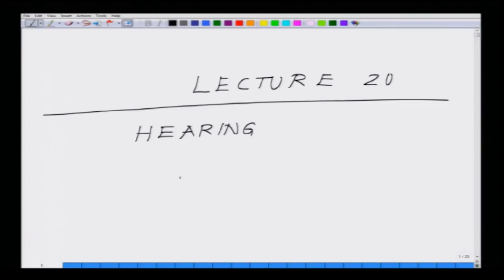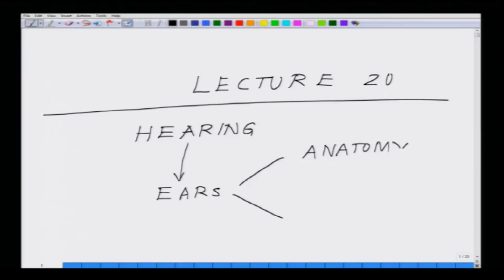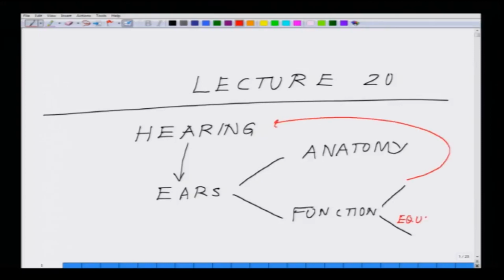For hearing you have the ears, and the anatomy of the ear is what we are going to study, and the function. It is very interesting, it has 2 functions. One is of course the hearing, and the other is the function of equilibrium.